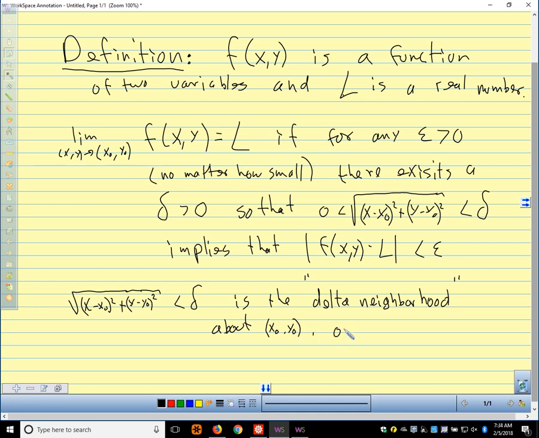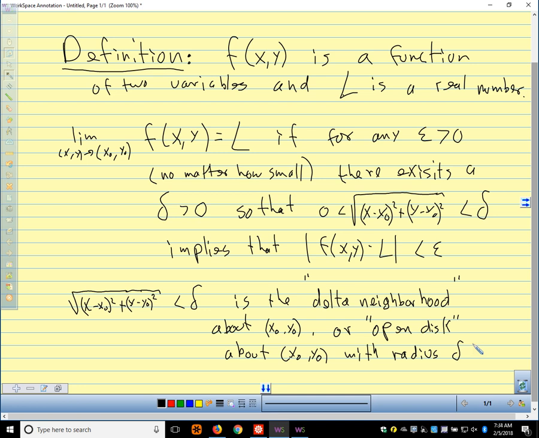Or we can call it the open disk about (x0, y0) with radius delta. Because if we square both sides, this is the equation of a circle, (x minus x0) squared plus (y minus y0) squared is less than delta squared. So it's all those (x, y) values that are within that circle.